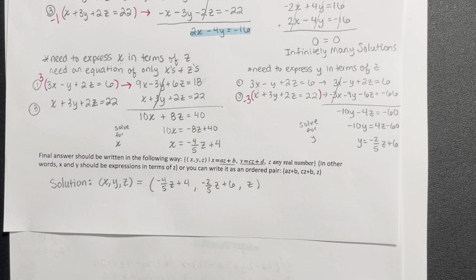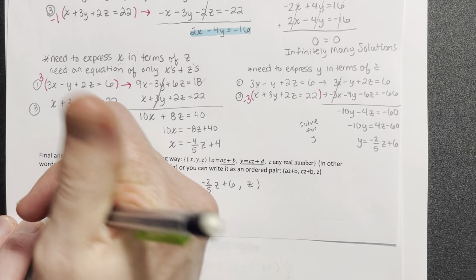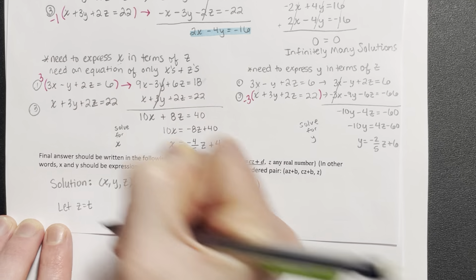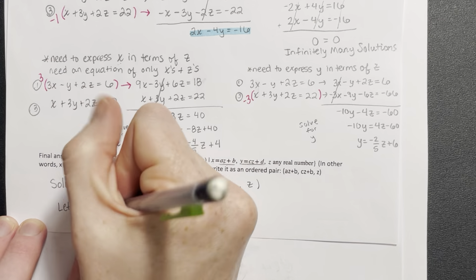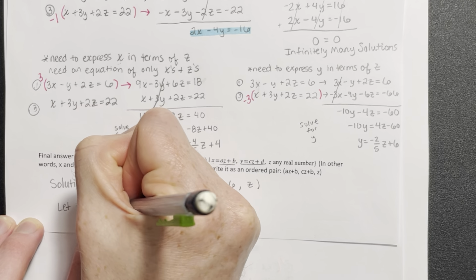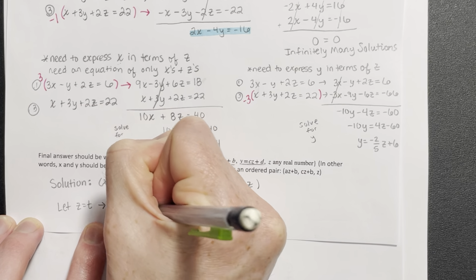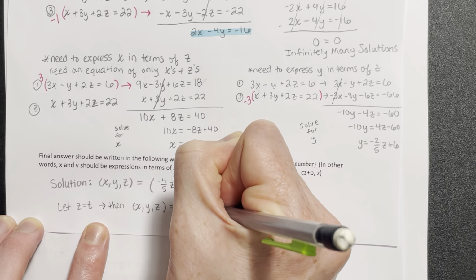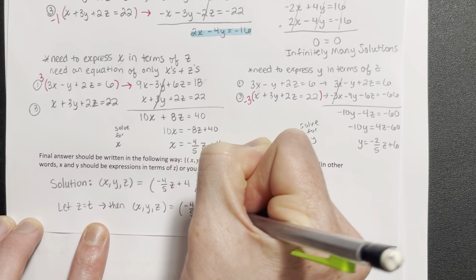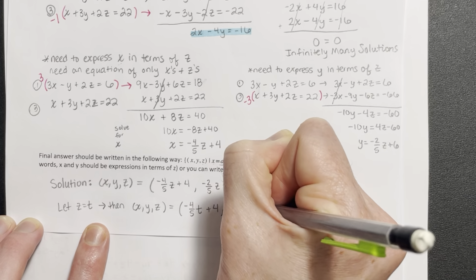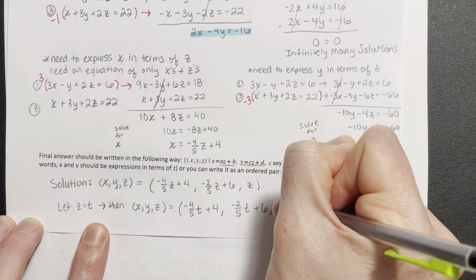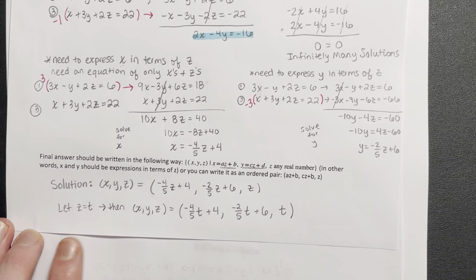Now, another way that we can do this, and this is what WebAssign does, it will say let z equal t. In that case, then we would say our x, y, z is equal to negative 4/5 t plus 4, negative 2/5 t plus 6, and z is just t.